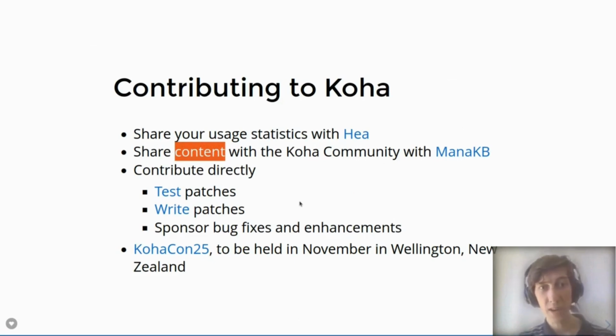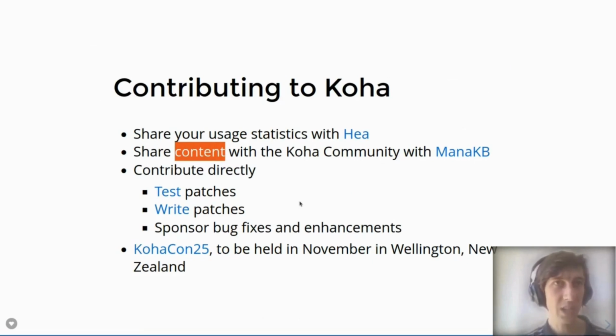Other things you can do if you want to contribute directly and you have some technical knowledge about coding, or you don't even need to know coding. A lot of people start contributing to Koha by writing terminology fixes, where they might want to change some wording within Koha, so not code but just wording. You can write a patch and submit that to the Koha community.